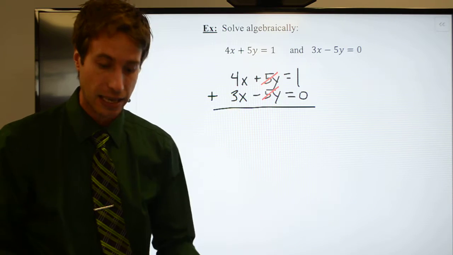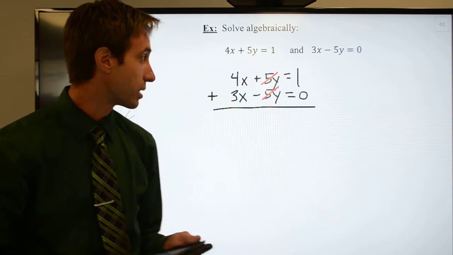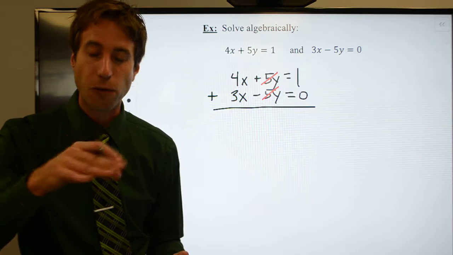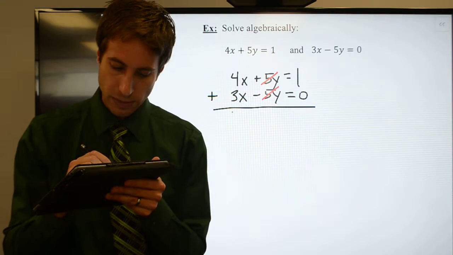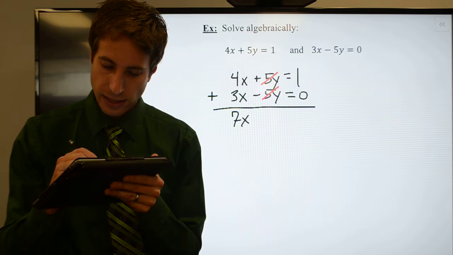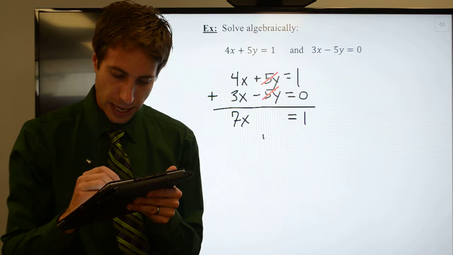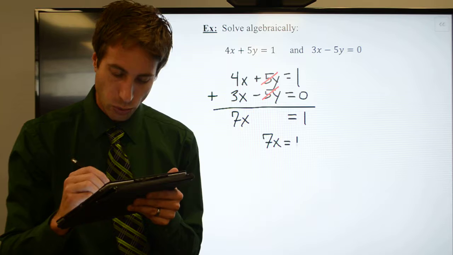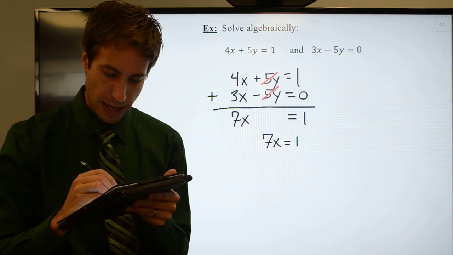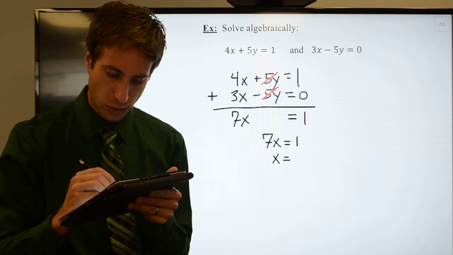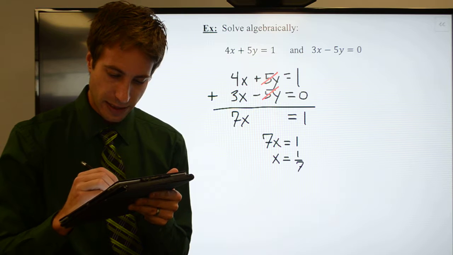We're eliminating a variable. Add up the rest of it. 4x plus 3x gives me 7x. That's all equal to 1 plus 0, which would be 1, which means I have 7x is equal to 1. Divide both sides by 7, and x is equal to 1/7.